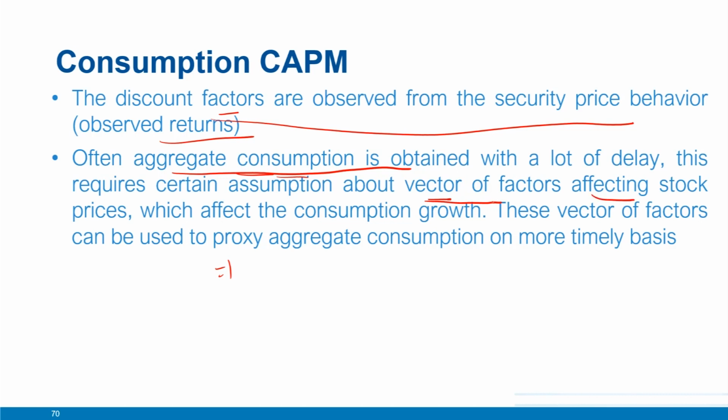Once you have those factors, maybe mathematical proxies of those factors, we consider them as related to aggregate consumption, and they help us predict consumption and consumption growth in a more timely and advanced manner. So we can use these vector of factors as a proxy of aggregate consumption and therefore make predictions about consumption in a more timely manner.